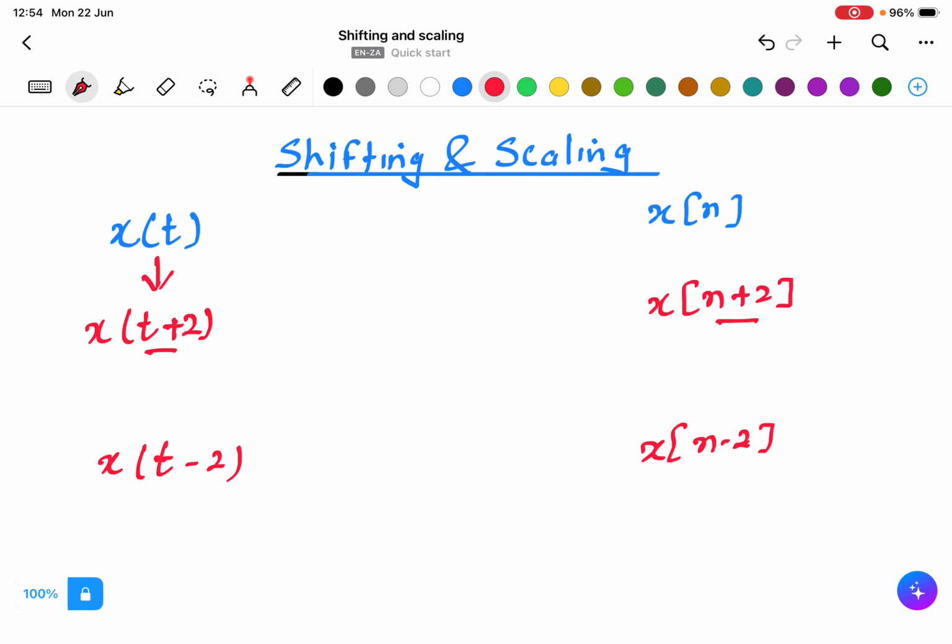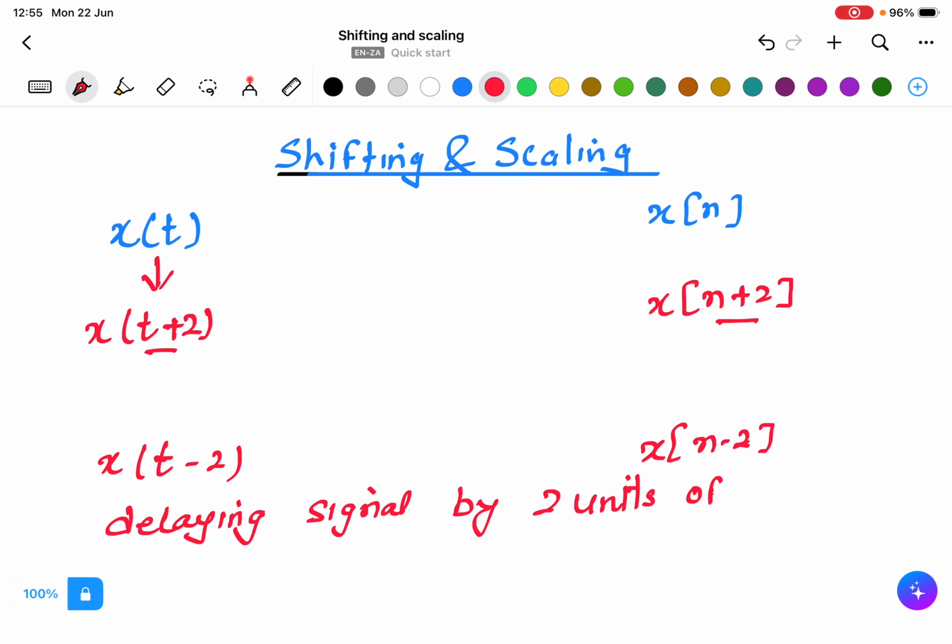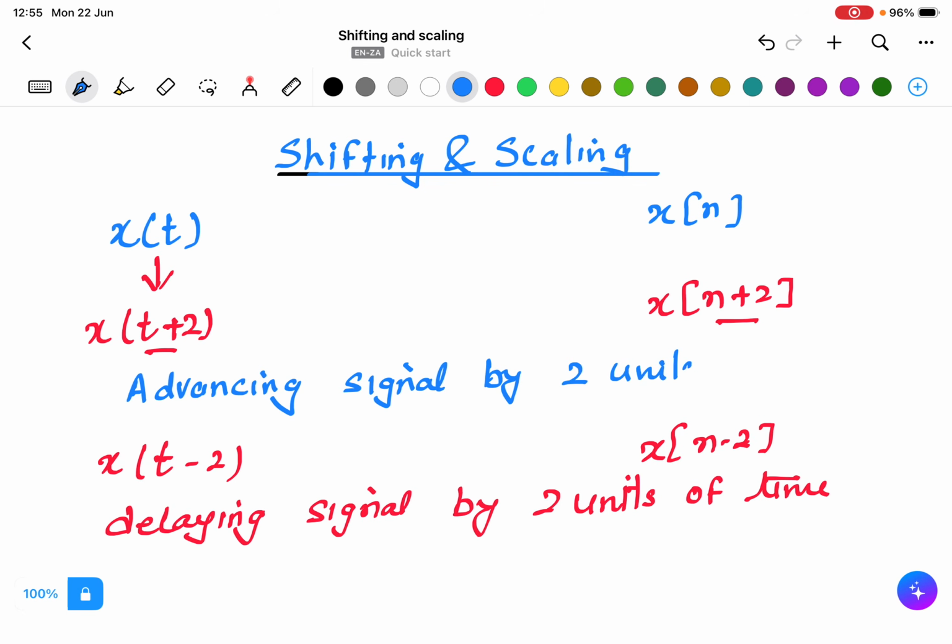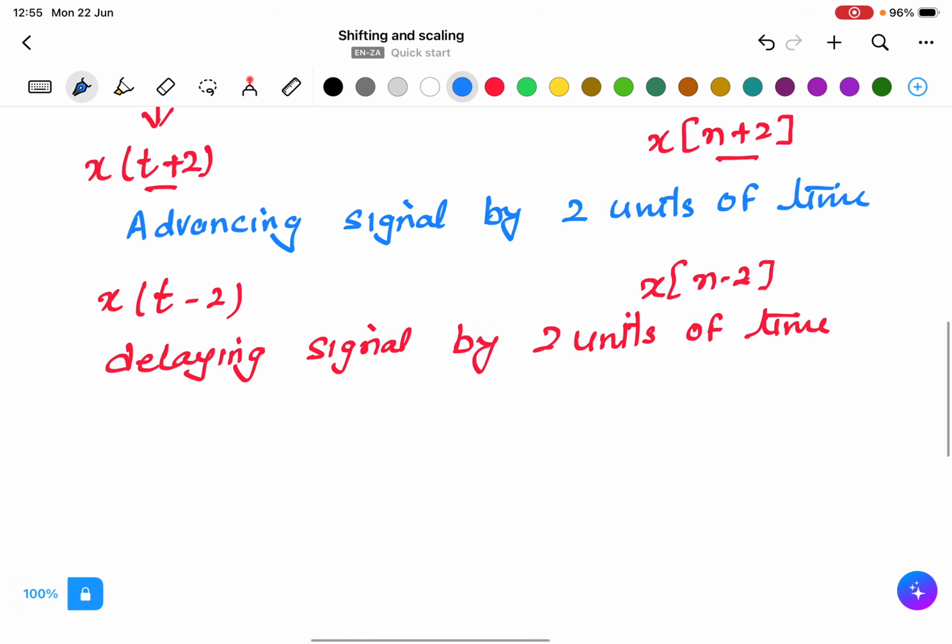That means you are delaying the signal by 2 units of time. Here you are advancing the signal by 2 units of time. Let me take a brief example with respect to each of them.